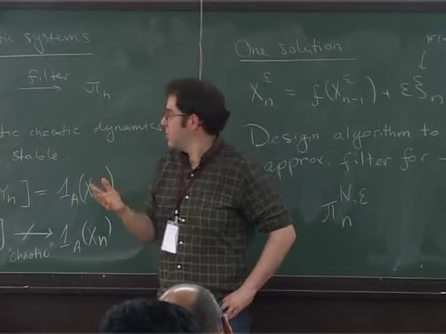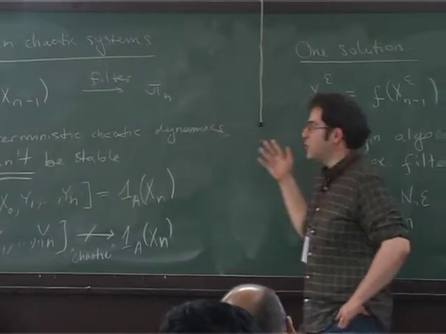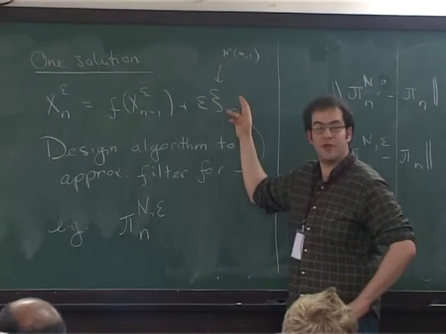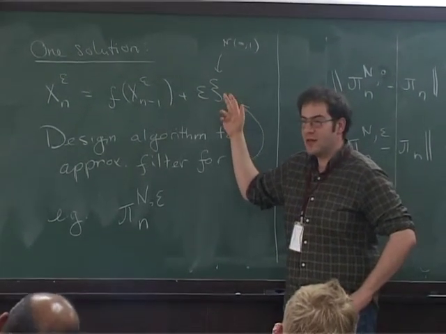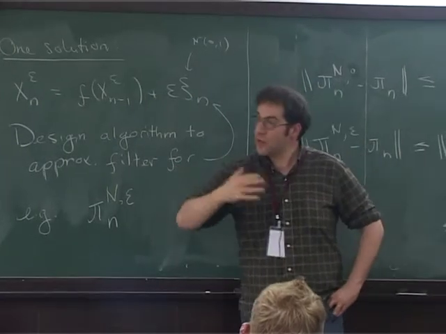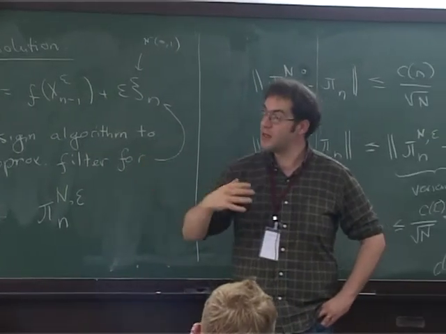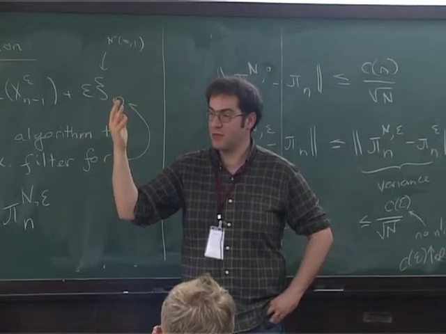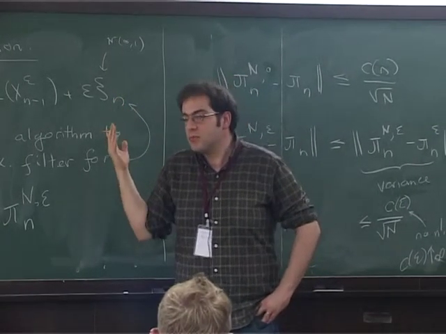And just study this problem and try to prove a theorem that says, if I pick epsilon as a function of the number of samples in a certain way, then my particle filter won't collapse. It will run well uniformly in time. The error will go to 0 uniformly in time as the number of particles goes to infinity. That's the problem.